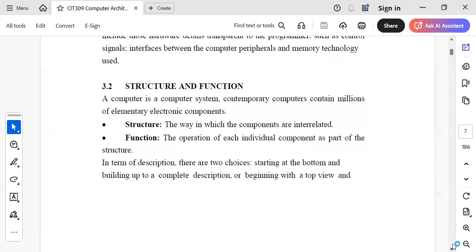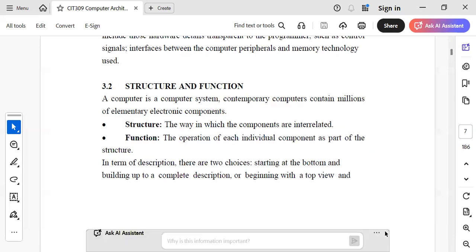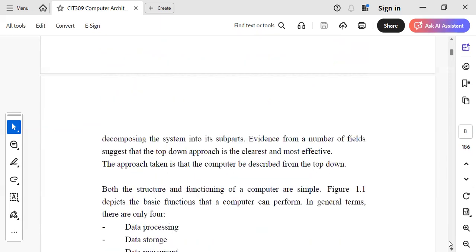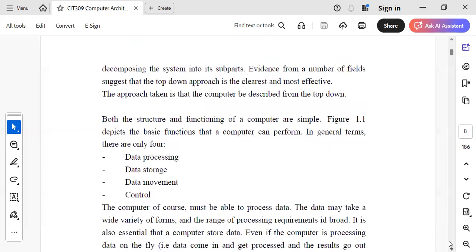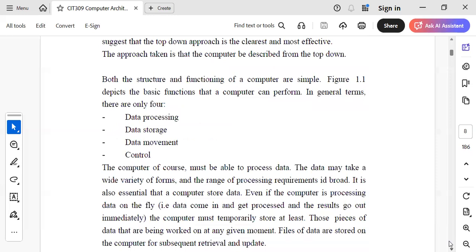Under structure, we say it is the way in which the components are interrelated, and the function is the operation of each individual component as part of the structure. We used several examples. If you need any playback for the last class, please go and watch the video on YouTube.